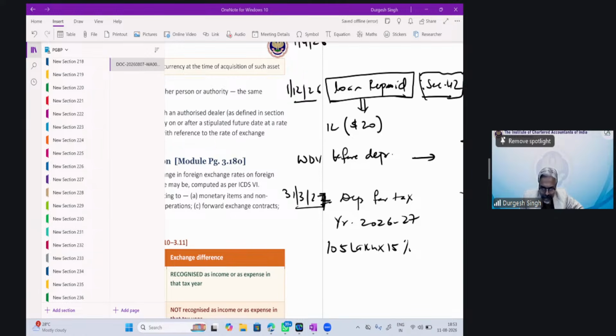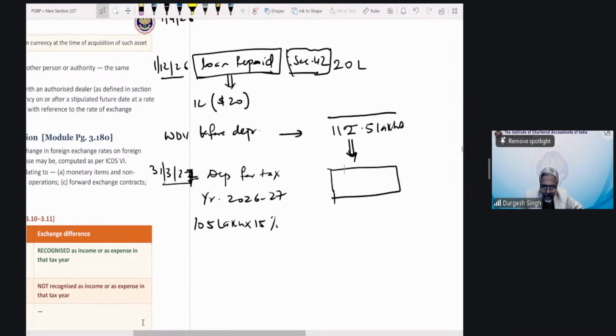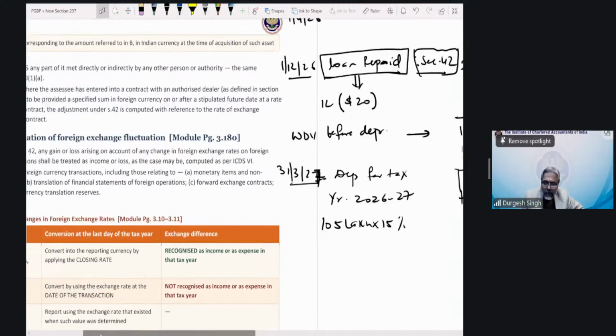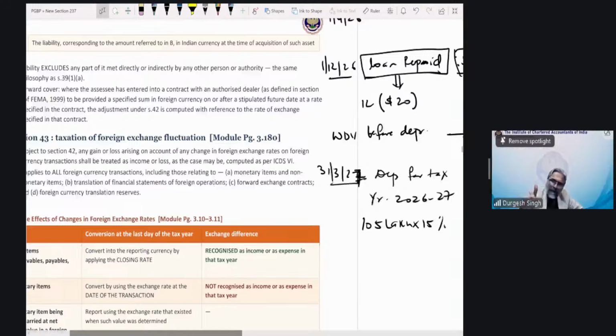Now we go, students, to section 43. If it is not a section 42 case, then section 43 comes into picture. So how do we know in the question it is a 42 case? Simple. Is it a foreign asset?